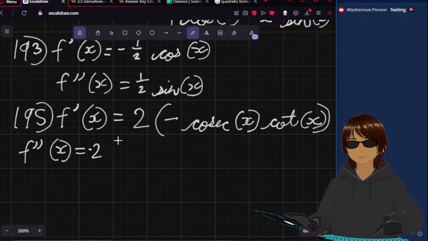And then minus 2, derivative of the first times the second.